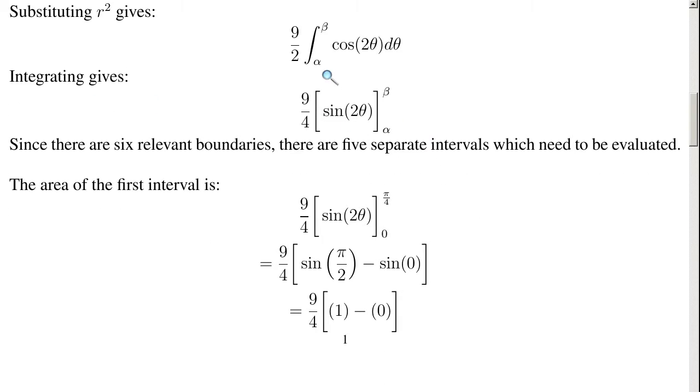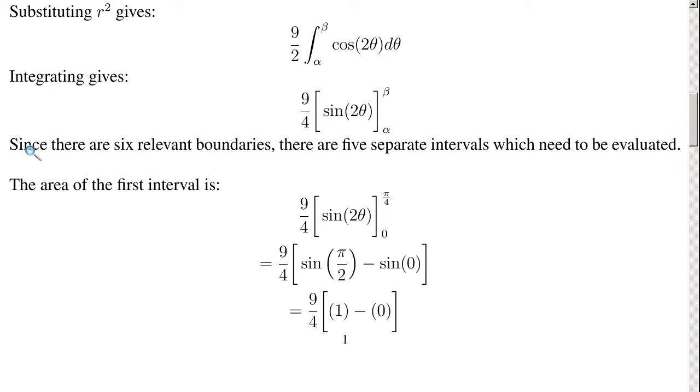Integrating, the integral of cos 2 theta is sine 2 theta. Not negative, positive. Positive sine 2 theta, divided by 2, because you have to divide by the derivative of the inside of the bracket. So that 1/2 gets pulled out in front. So now we have 9 over 4 sine 2 theta, upper limit beta, lower limit alpha.